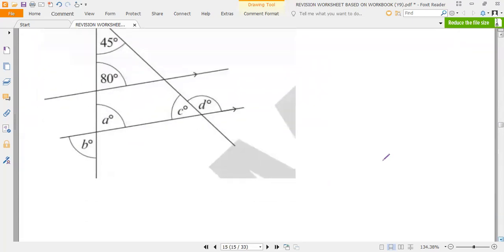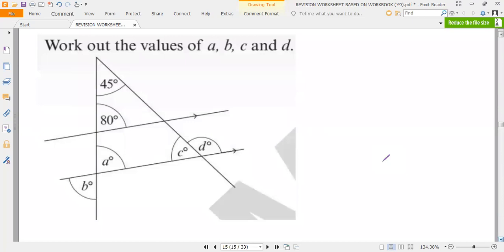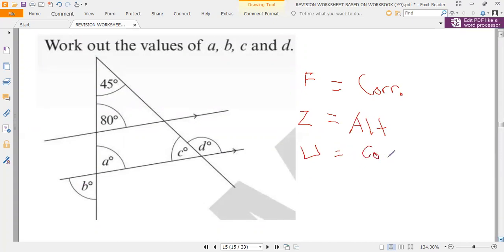Okay, moving on to the angles question. Angles based on parallel lines. You need to recall the F shape called corresponding angles, the Z shape called alternate angles, and the U shape or C shape called co-interior angles.